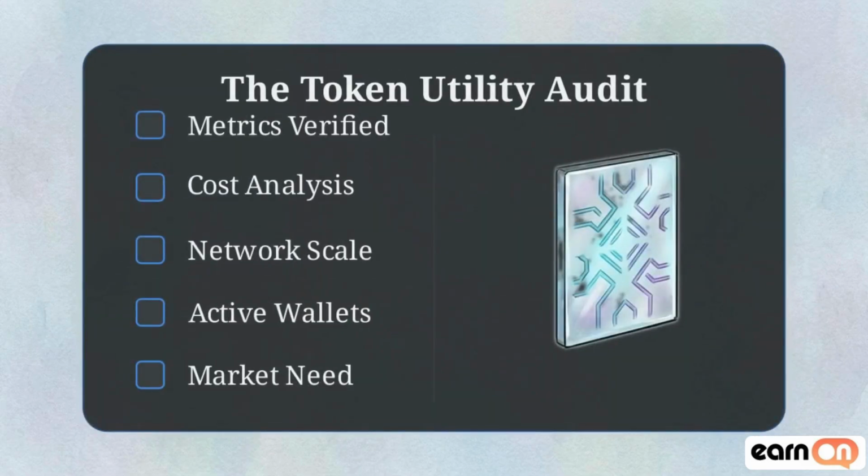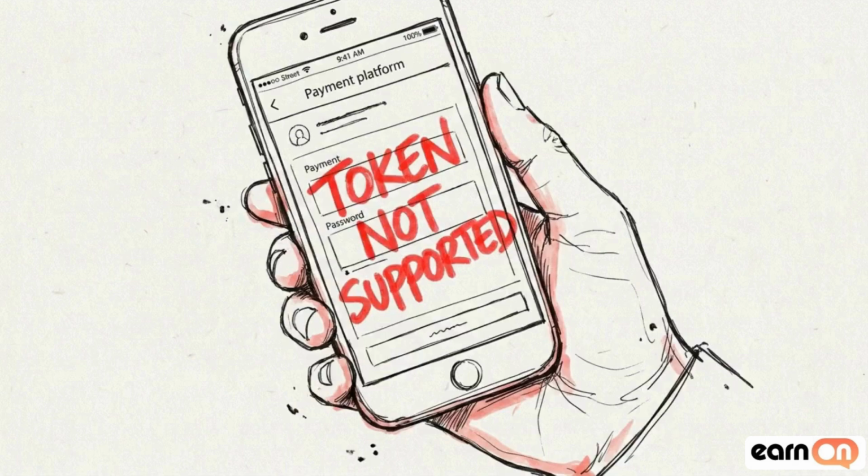This checklist shows exactly what that audit must cover. You need to verify real usage, fee efficiency, overall ecosystem growth, actual user adoption, and highly believable token demand. Even the strongest token ecosystem will eventually collapse if its underlying economic mechanics do not align with how users actually behave. So, how do you make the final choice?